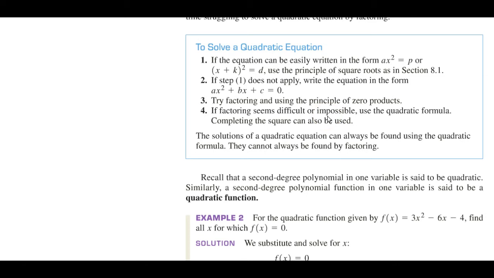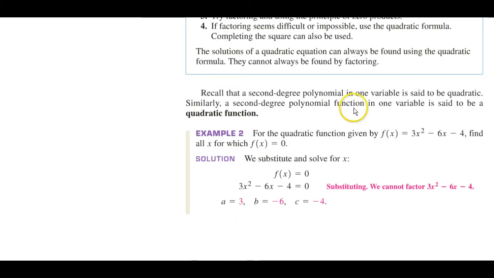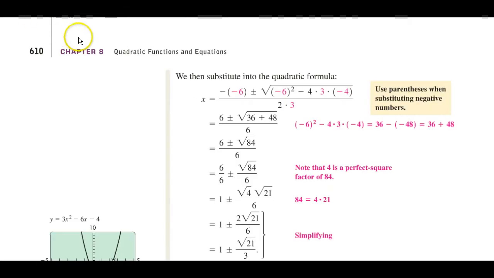But the key, in using the quadratic formula, I should say, is you have to put it in standard form, so you can define your various letters, your A, your B, and your C. And here they're using function notation, which is just another little modification.